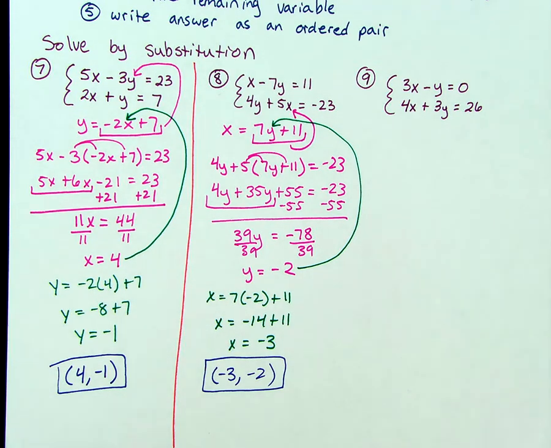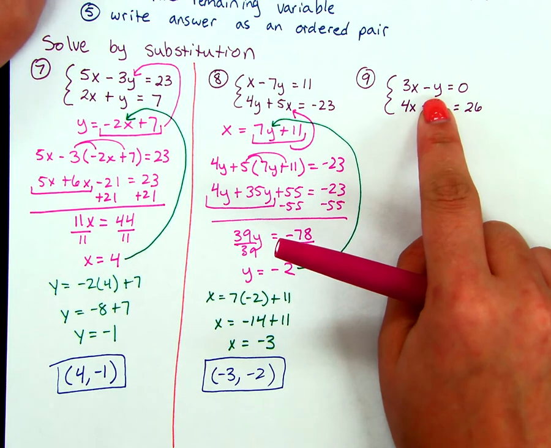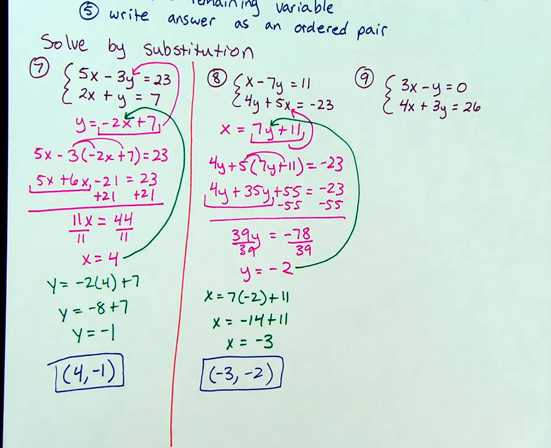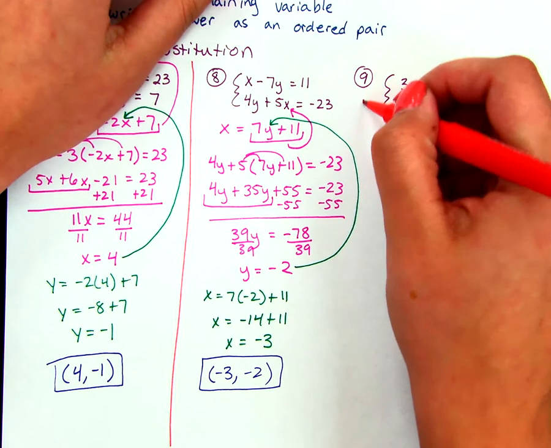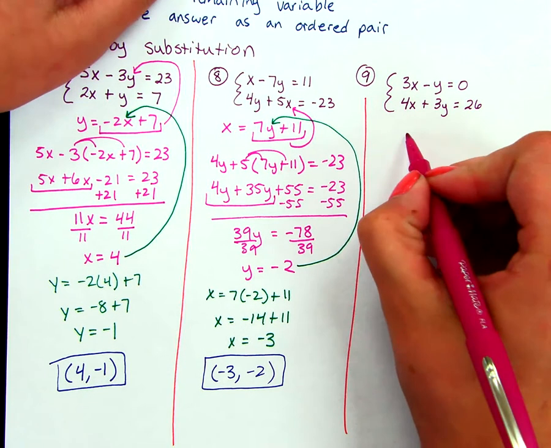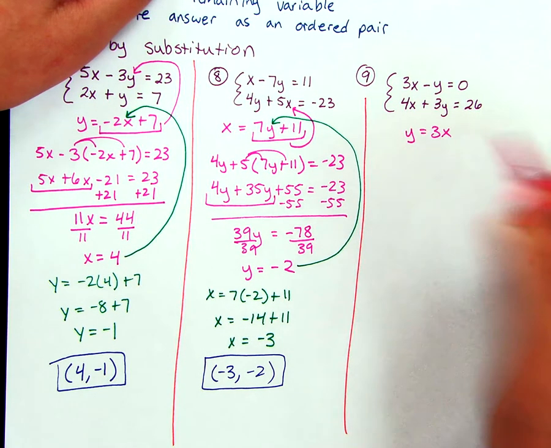All right, one more. So again, we are just going to pick the one that's easiest to solve for. So in this case, the y in the first equation will be the easiest. And I'm just going to start by adding it to the other side. So if we add it to the other side, we would have y equals 3x.